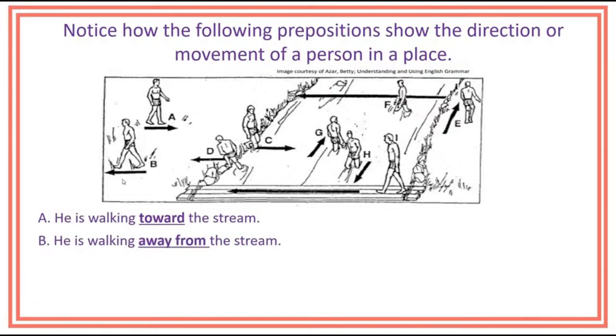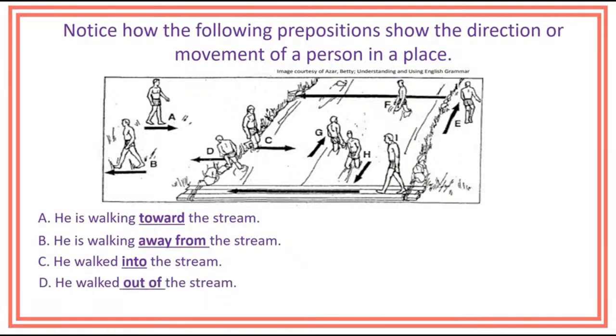B, he is walking away from the stream. Person C, he walked into the stream. Person D, he walked out of the stream. Person E, he is walking along the stream.